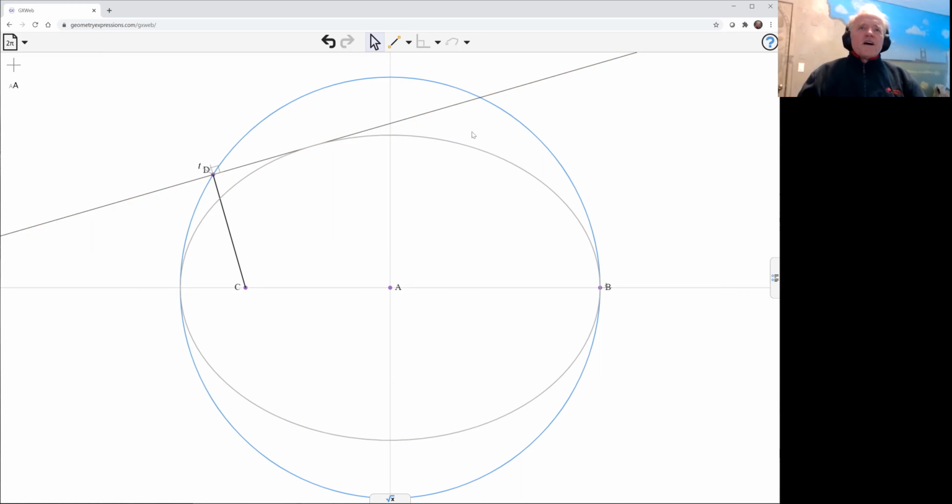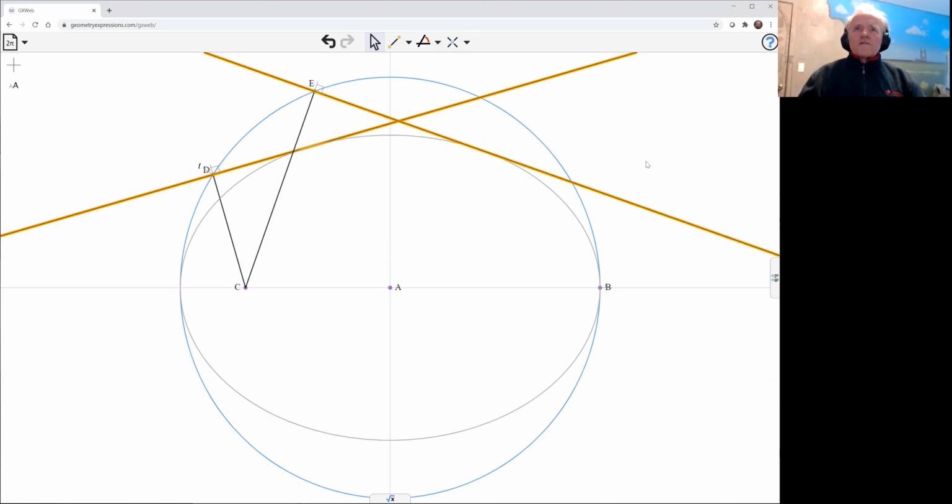Okay. Now, if we take a second point on the curve, and create its perpendicular, and then intersect those two lines, first of all, we notice that's not actually on the ellipse.